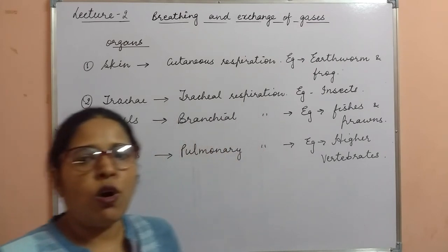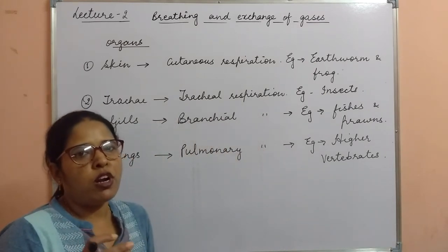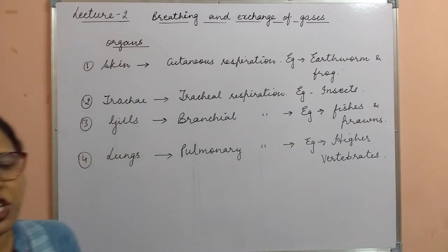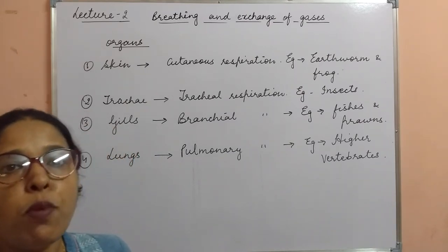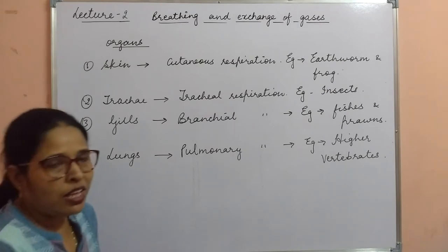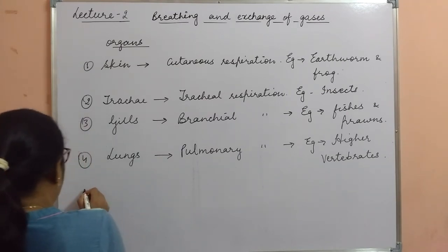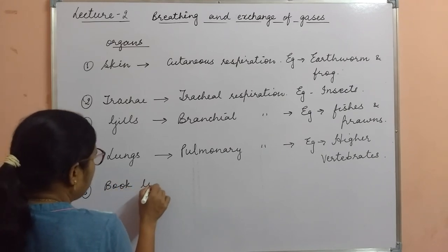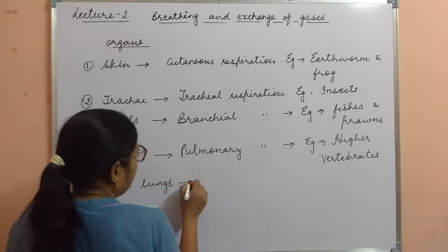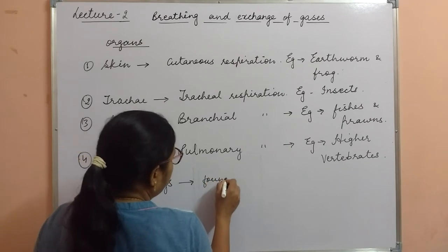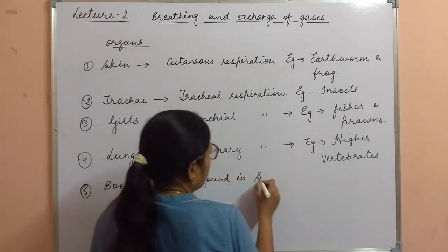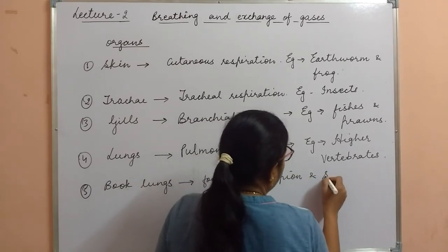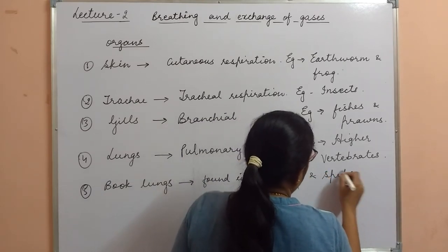Except these organs, some other important organs are also found in different organisms for respiration. For example, book lungs, which are found in scorpion and spider. Clear?